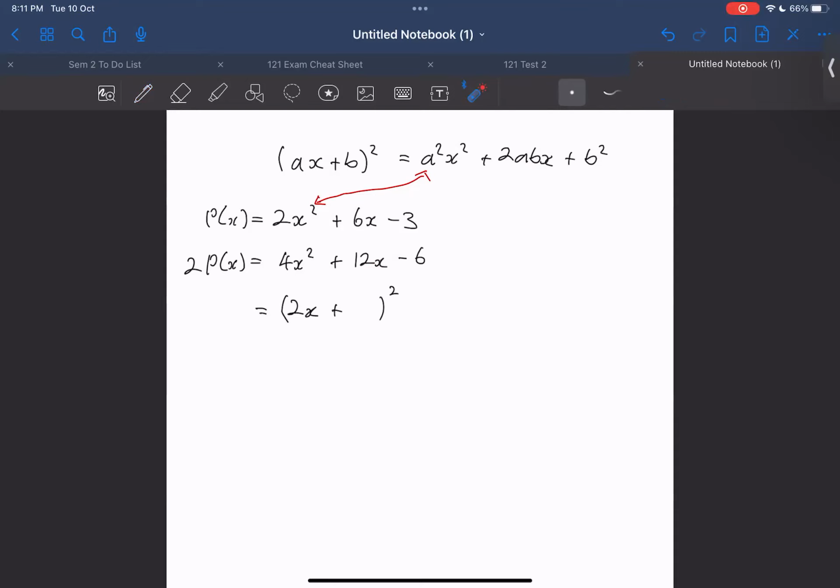Well, 2 times a, our a here is 2, is 4. So 4 times b is 12. So we get that b must be equal to 3. And if we expand this, we get 4x squared plus 12x plus 9, which is looking pretty similar.